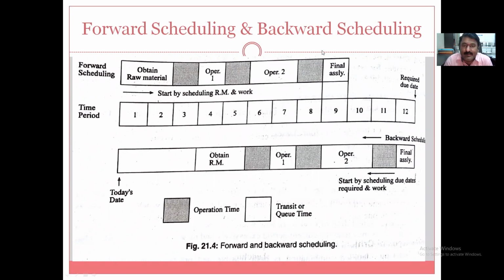You can see here, different operations are there, and after the final assembly, at time period 9, the job is ready, but the required date is longer. This was covered earlier, but every time this may not be the case. So forward scheduling is taking the raw material and going for scheduling as per the requirement and meeting the schedule. Backward scheduling is in some reverse way.